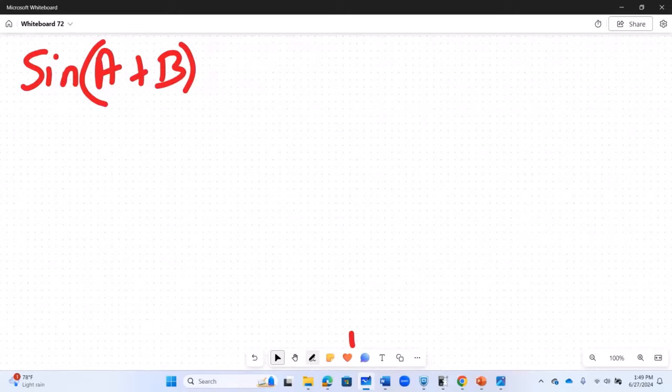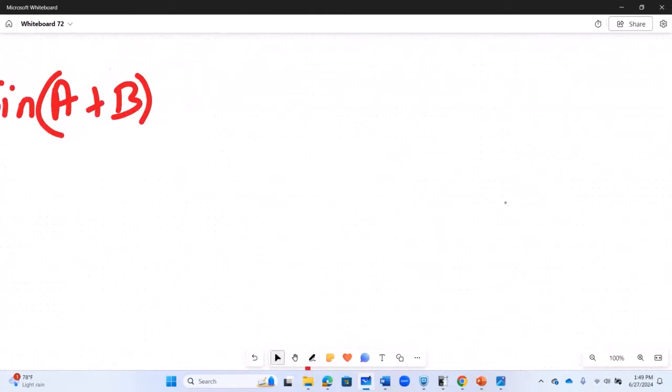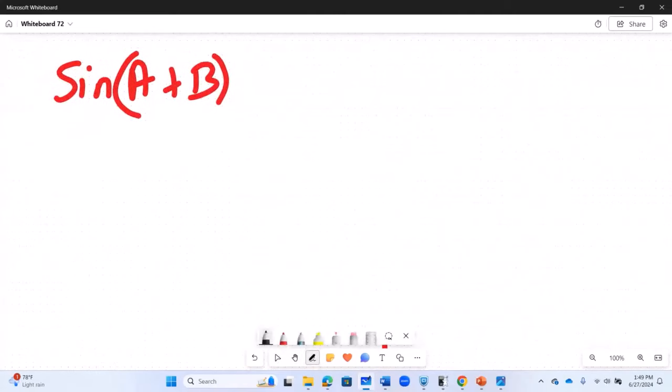Sum and difference identities, that's what I'm talking about. All right. So if I have sine A plus B, I can write it as sine A, sine B, sine A cos B, sorry.